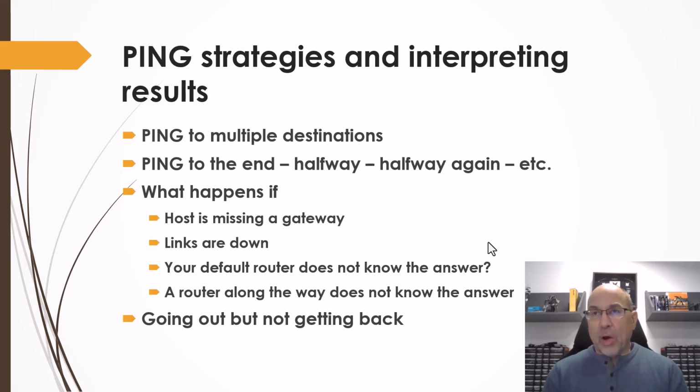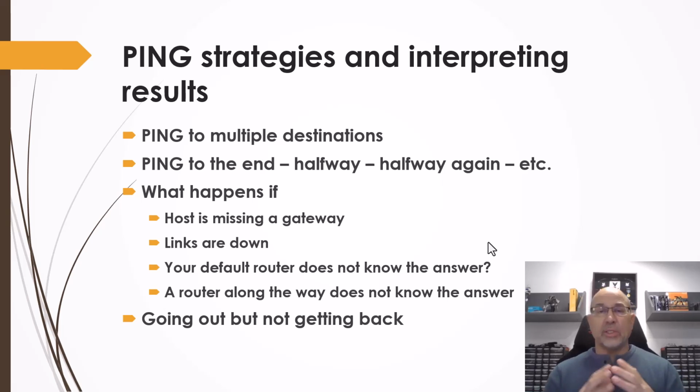Now, like all troubleshooting or problem solving, we have a strategy or a methodology that we can employ when we are doing our pings. So one of the things that we do is we say, a trouble call comes in, I can't get to the internet. And so a simple question is sometimes, well, what can you get to? And this leads us down the pathway of saying, well, okay, what is available to me and what isn't available?